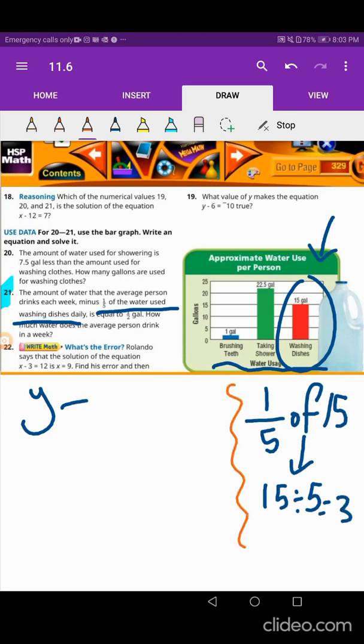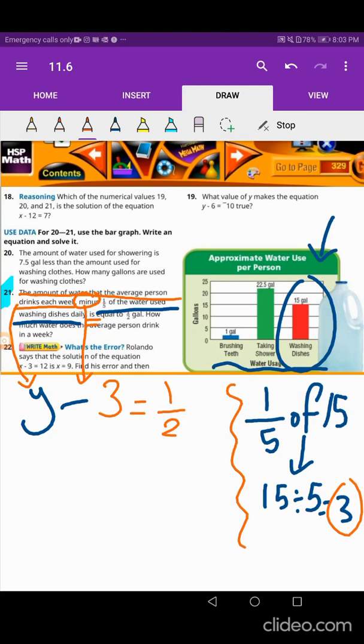Let's go back to my equation. Again, the amount of water that the average person drinks each day, which means y, minus 1 over 5 of water used for washing dishes daily, which is 3, is equal to half a gallon. How much water does the average person drink each week?